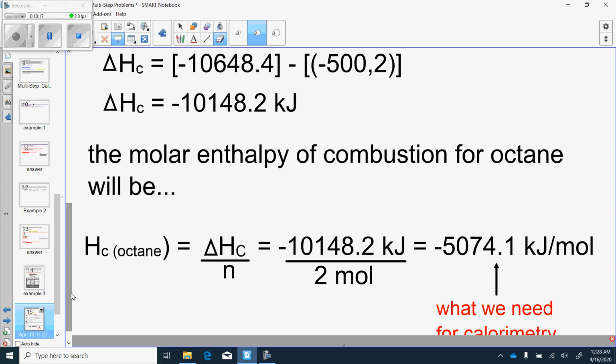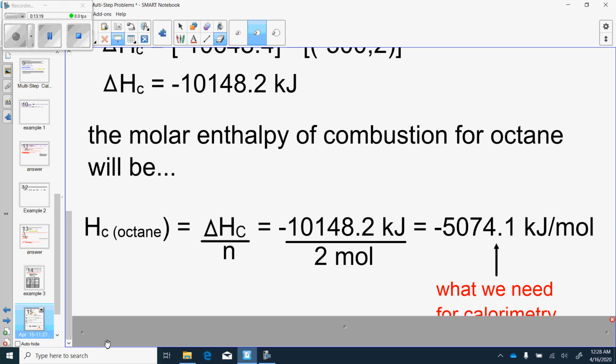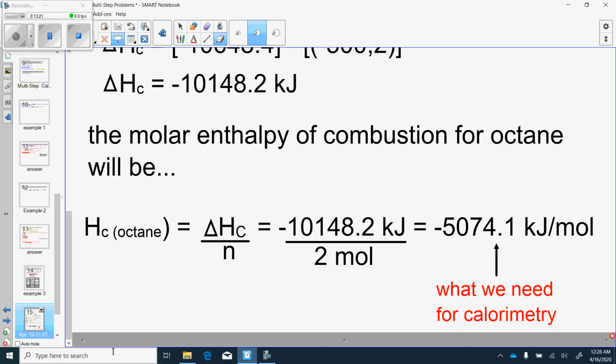So we started out wanting to do calorimetry, but we realized that we were missing 2 pieces of information. We were able to use the law of summation to find 1 piece that was missing. So we can use this now. We now know the molar enthalpy, not of formation, that's on page 609. We did all this work to find the molar enthalpy of combustion.